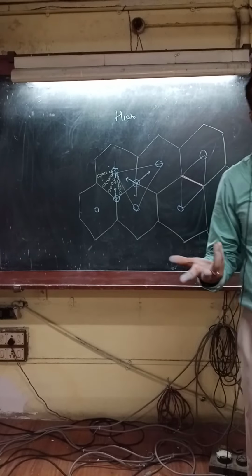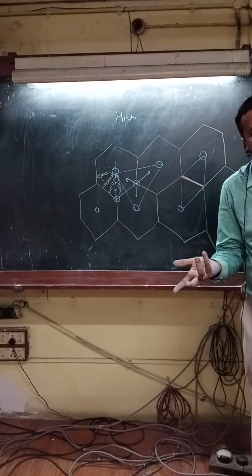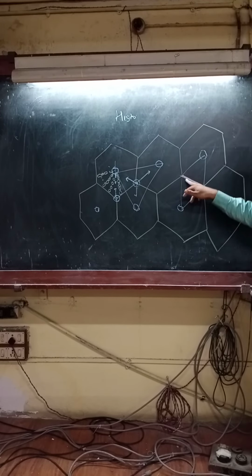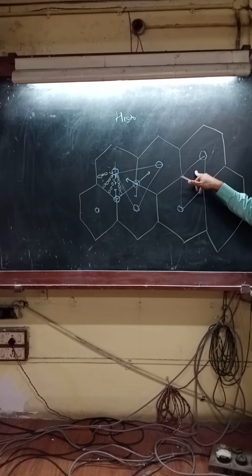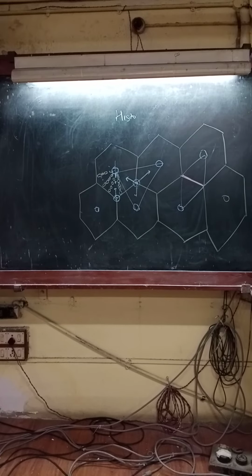My maths was weak. That's how I came into medicine. So, all of you are weak, all are like me. So this area is the area supplied by one hepatic arteriole. Hepatic acinus.